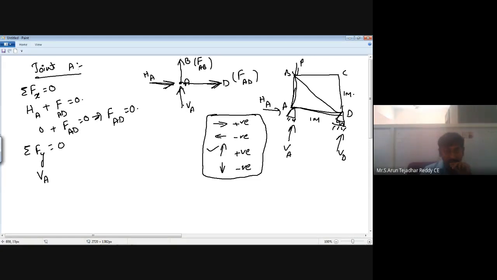Next, AB direction also upward, so positive. VA plus FAB is equal to 0.